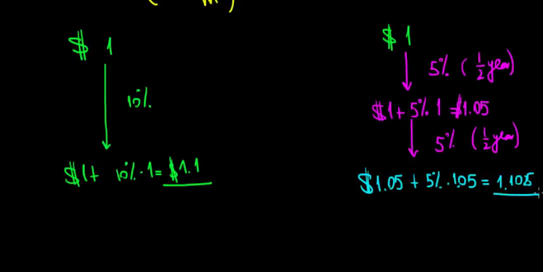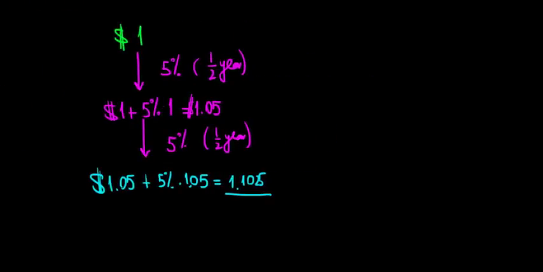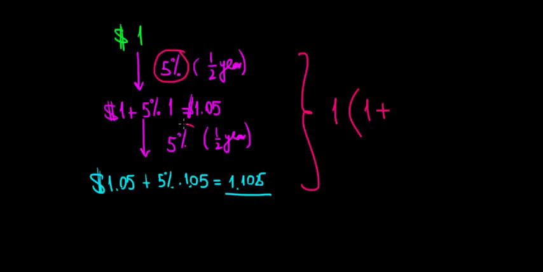What is 1.1025? What did we actually compound here? Let's write the math behind what we just did. Well, look, what we just did was that we had $1 and we compounded it by 1 plus 5% twice.